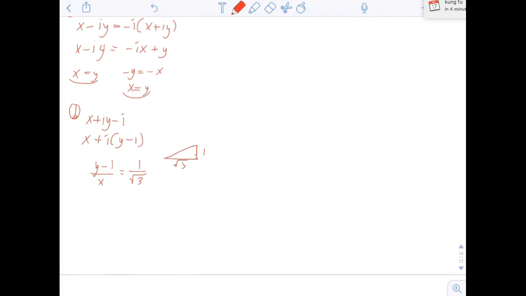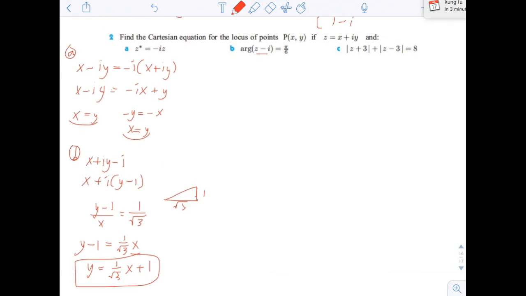And so let's try to solve for y here. So we have y minus 1 equals 1 over square root of 3 times x. y equals 1 over square root of 3 x plus 1. So that forms a linear equation with a slope of 1 over square root of 3 and a y-intercept of 1.